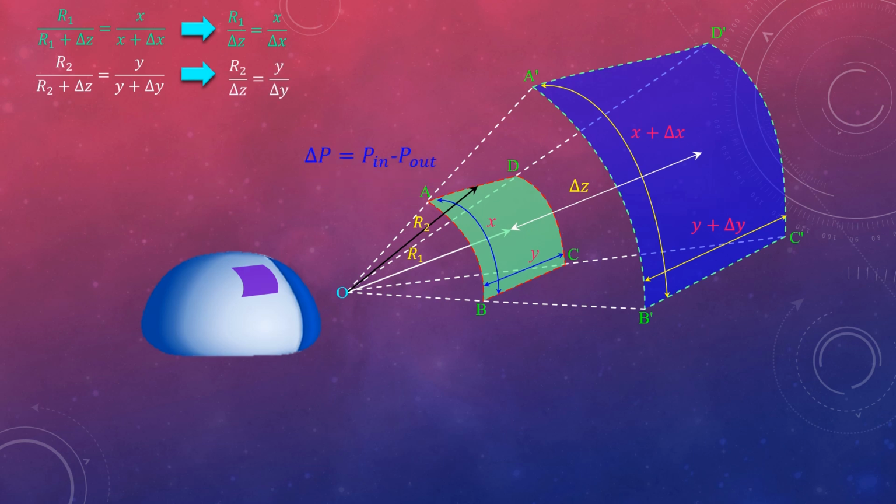Let's consider a pressure difference delta P between outer and inner side of surface element ABCD, which causes the surface element to stretch. The pressure delta P gives rise to a force. Work done due to delta P is delta P into x into y, which is the force on curved surface area xy due to delta P into delta z.